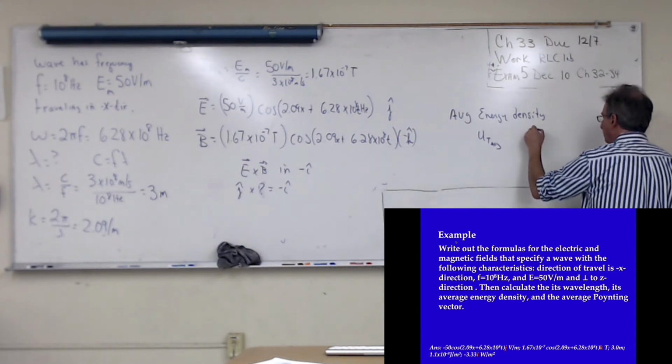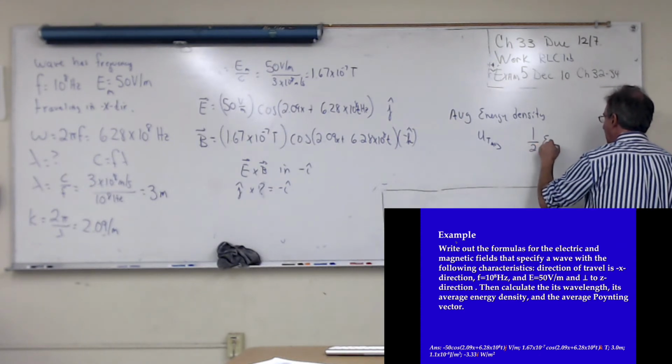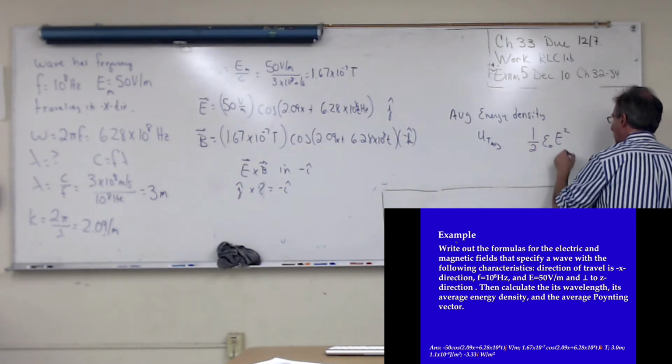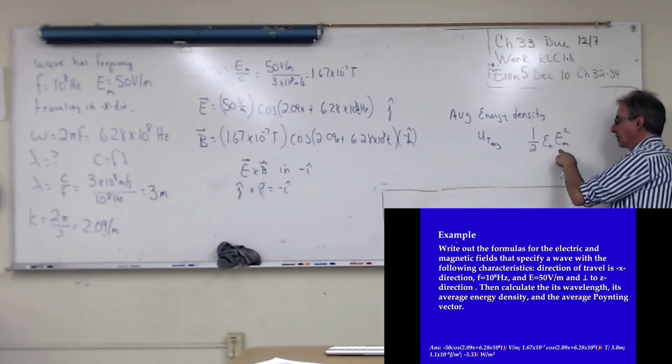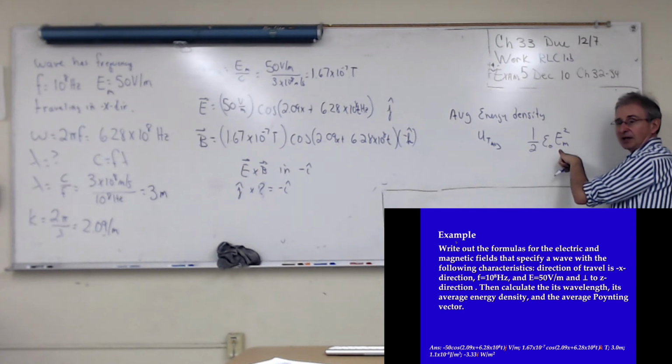I can basically calculate 1/2 epsilon naught E squared max, and that'll give me U total average because the maximum value of the electric field and the maximum value of the magnetic field are going to be the same.